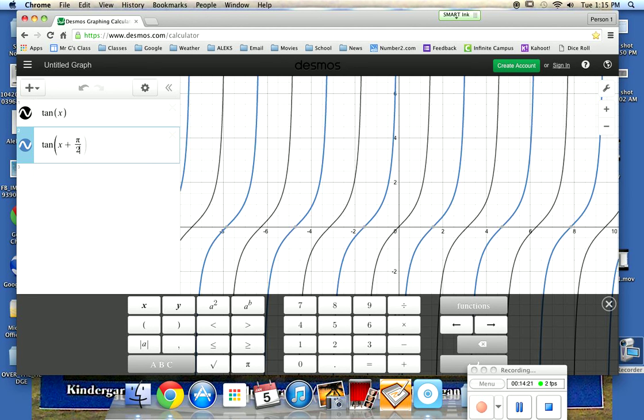State the amplitude, period, and phase shift for each function. All right. 35 through 42 on page 316.